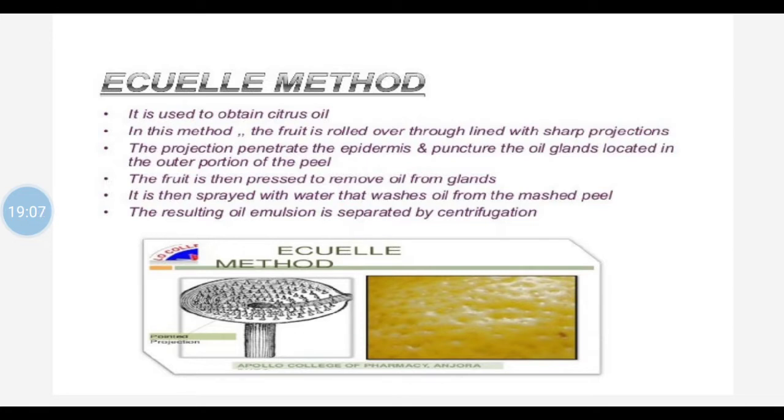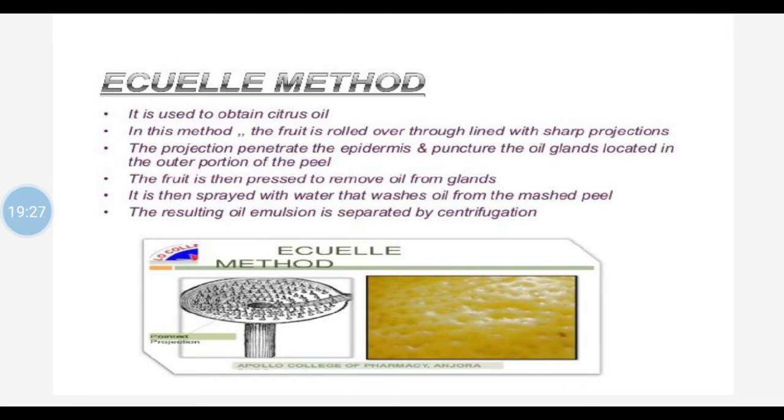Now the oil cells in the rind are ruptured mechanically using pointed projections, by twisting the raw material over them in a clockwise direction.